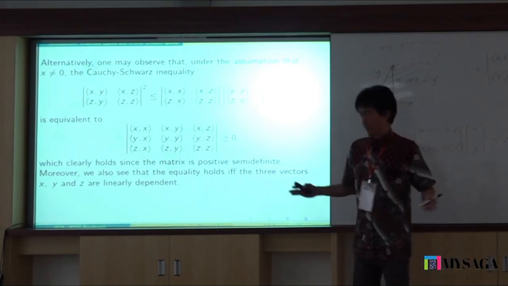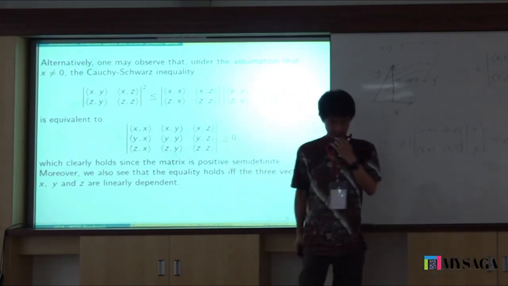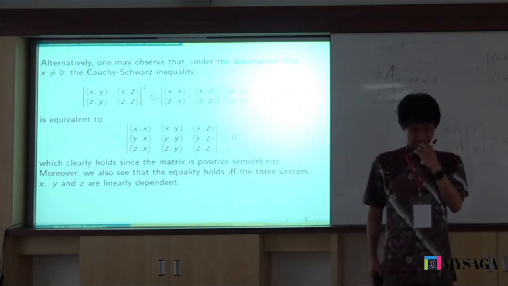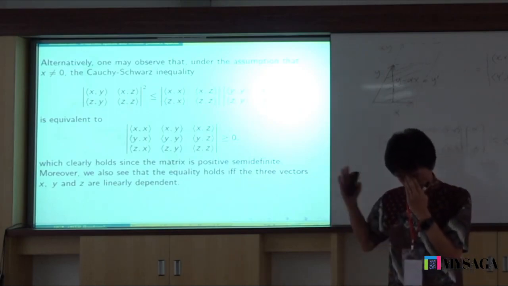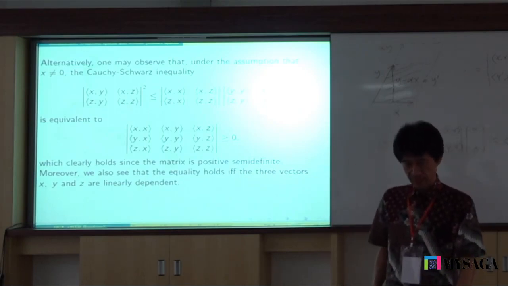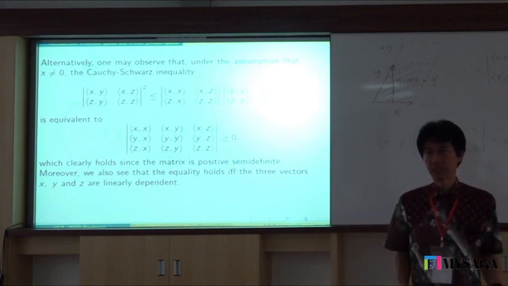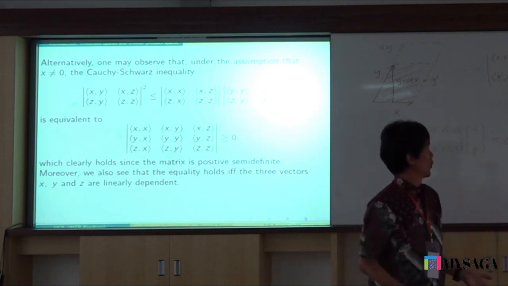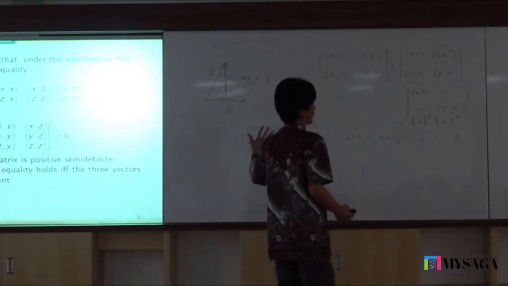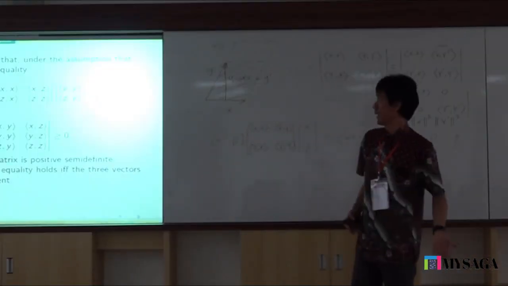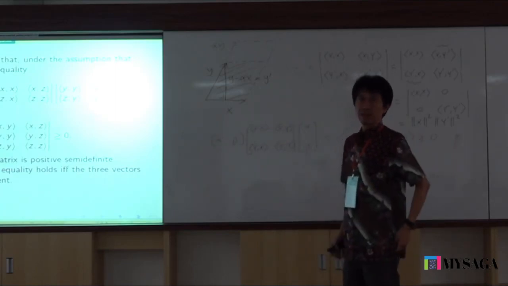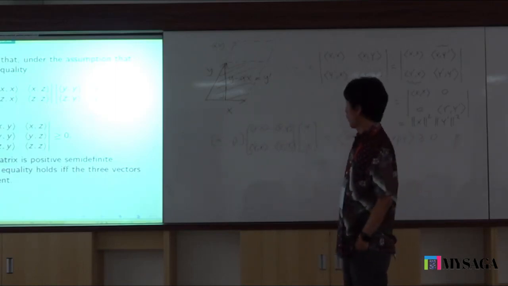Okay? So, now we have a determinant of a 3 by 3 matrix. And again, we use the geometric interpretation. What is it? Well, if the determinant of the 2 by 2 matrix is area, then this must be volume. Volume of what?